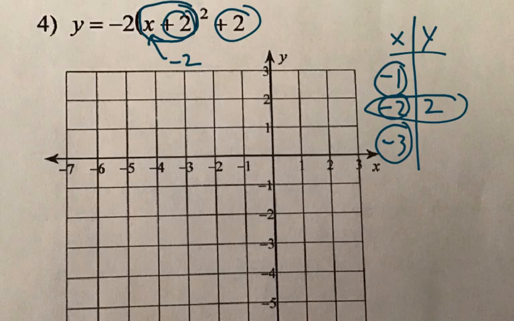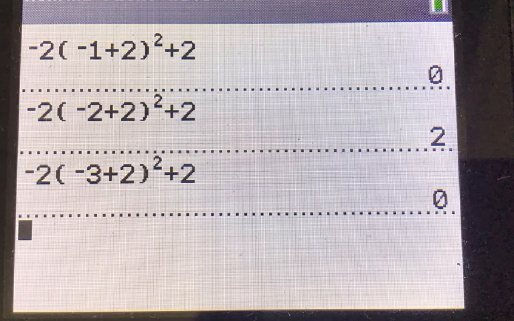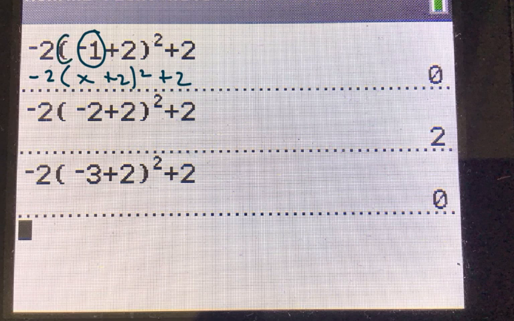Now, let's start by plugging in -1. So with the calculator, guys, I want to remind you, again, our function was -2(x plus 2) squared plus 2, right? And notice right here, I plugged in the -1. Type it in exactly the way it's written, guys, including the parentheses. Get in the habit of always using parentheses with your calculator, okay?